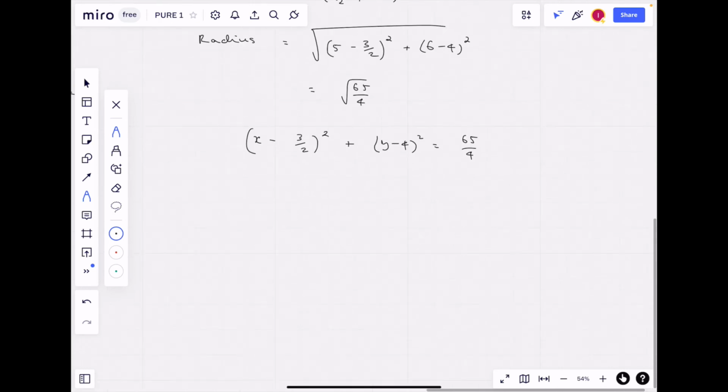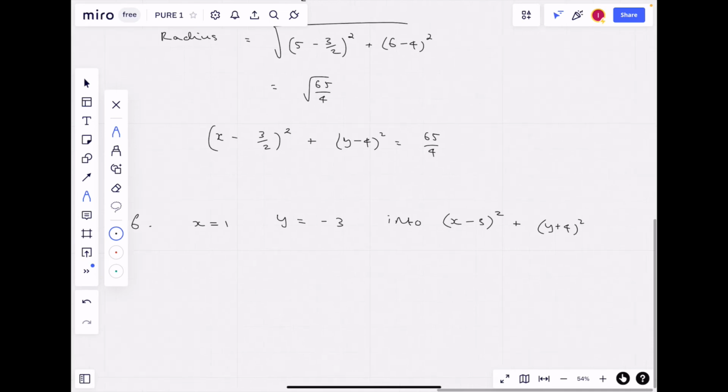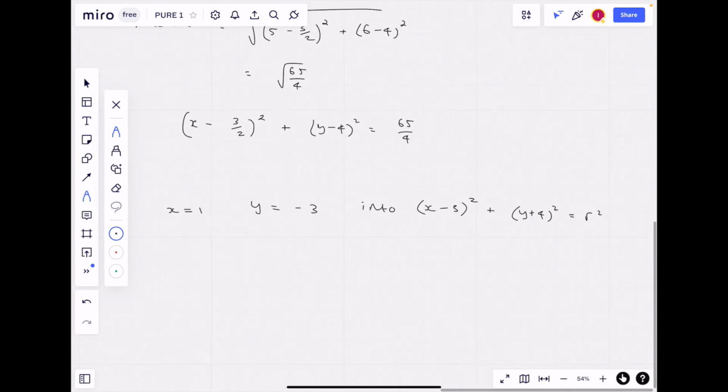So if I do it down here, you're going to substitute x equals 1 and y equals minus 3 into x minus 3 all squared plus y plus 4 all squared equals r squared. So 1 minus 3 all squared plus minus 3 plus 4 all squared equals r squared. When you simplify that, r equals root 5. That's that done.